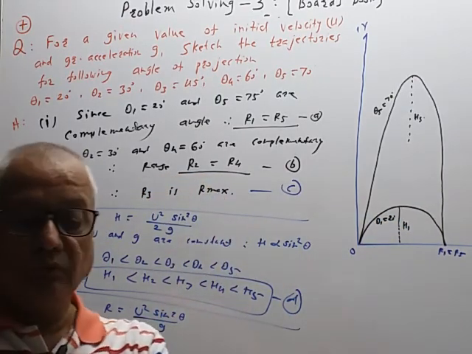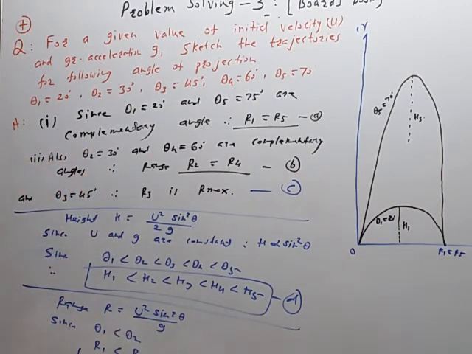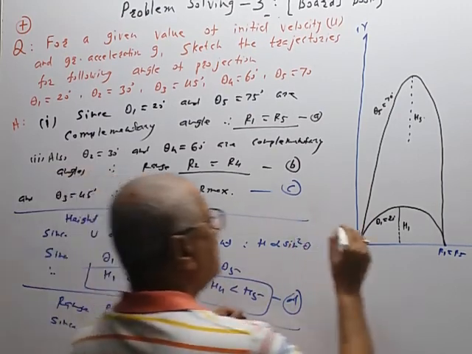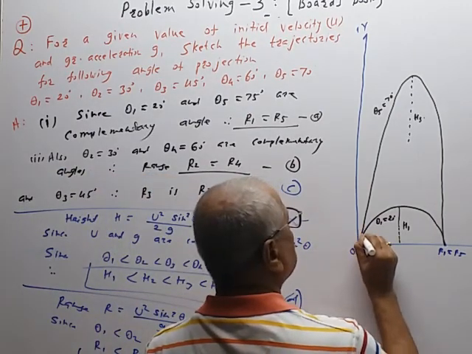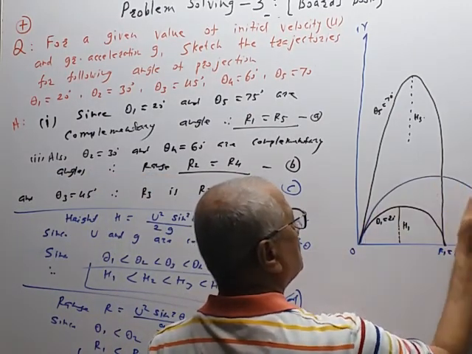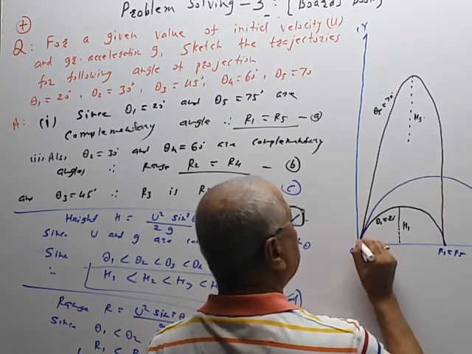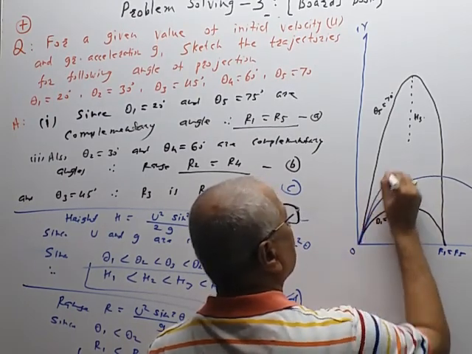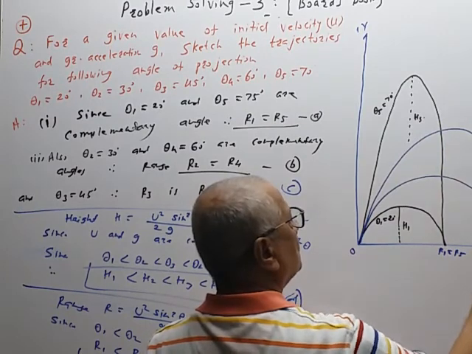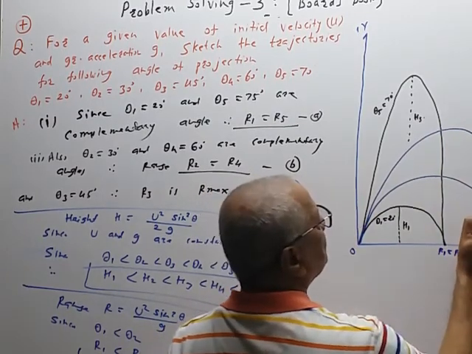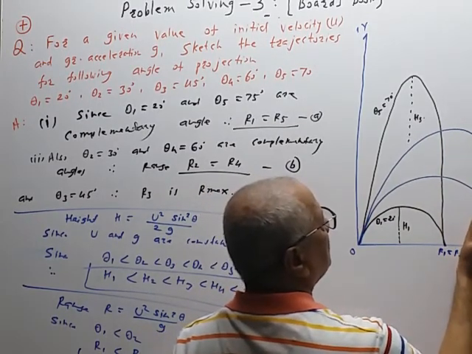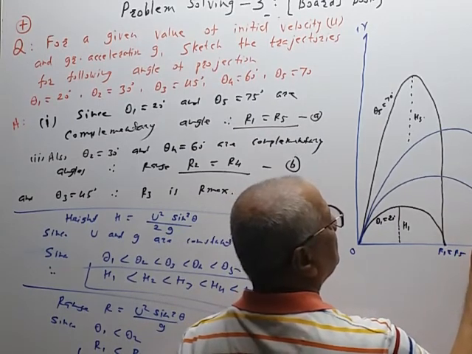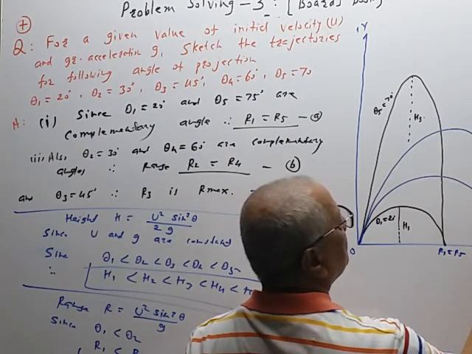Now the next two cases are 30 and 60 degree. This is for 30 degree. This is for 60 degree. So this is for theta 2 is equal to 30 degree. This is for theta 4 is equal to 60 degree.